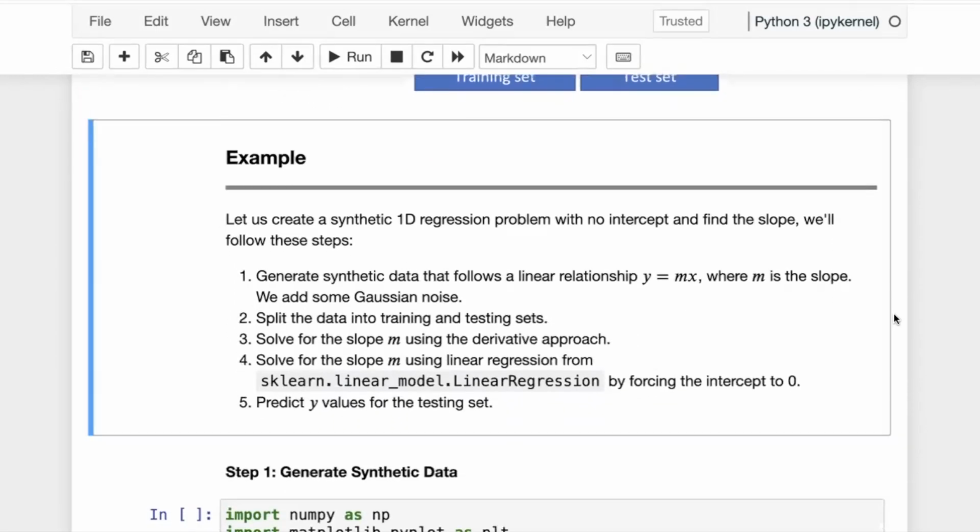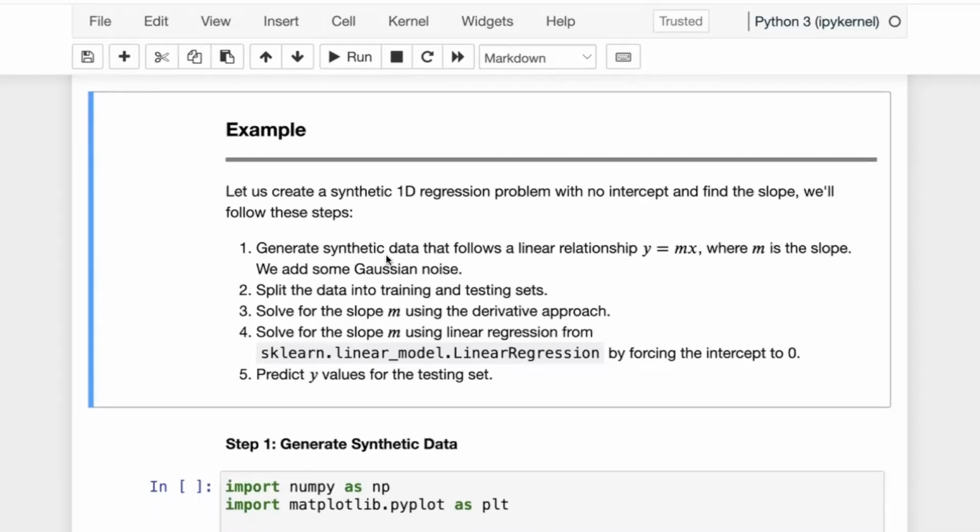So at this point, let's put everything together by creating a synthetic data set for a regression problem. We're considering a 1D regression problem, meaning that we only have one input X and one output Y. This matches very well with what we know from linear regression, which is y equals mx plus b, where m is the slope and b is the y-intercept.